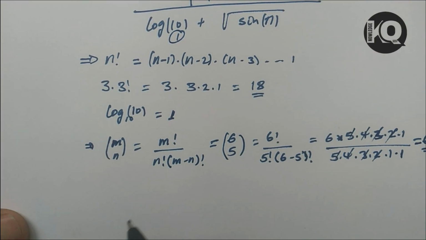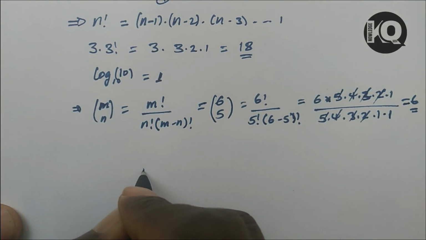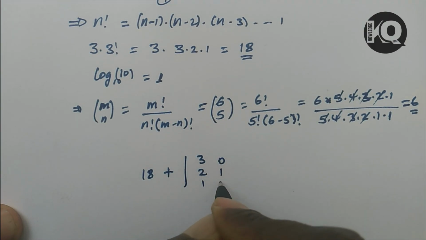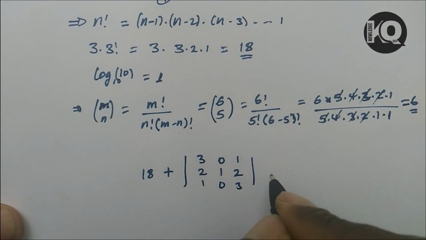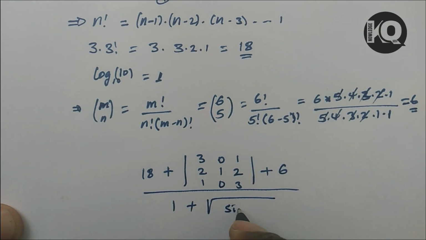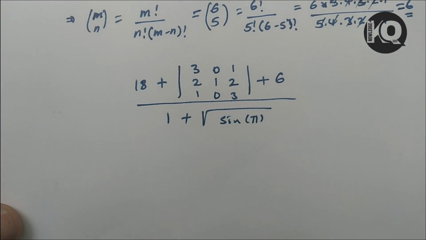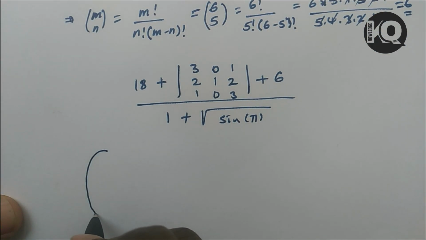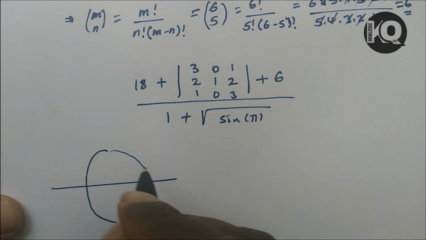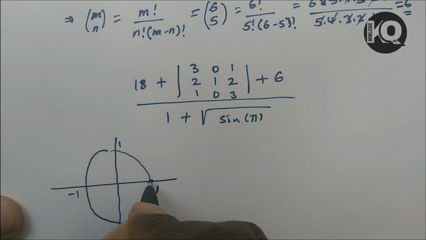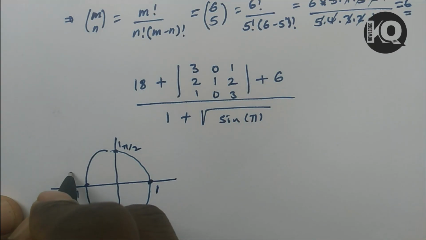So we have 18 here, 6 here, and 1 here, and so the problem will be 18 plus the given matrix plus 6 divided by 1 plus the square root of sine pi. Now let's continue with sine pi. By using the unit circle, we can determine how much sine pi will be. Considering the unit circle, we have 0 here, and starting from this point, pi over 2 here, and here we have pi.